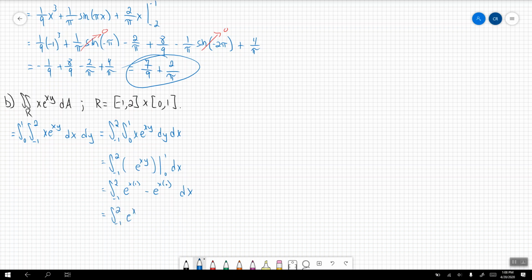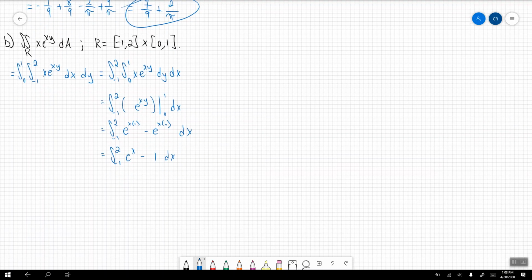This is e to the x minus 1. All right, and this is all dx. Now, this turns into a pretty straightforward integration. Let's go through. All right, so e to the x, find that integral, that's just e to the x, minus integrate 1, that's just going to be x, evaluated from -1 to 2.